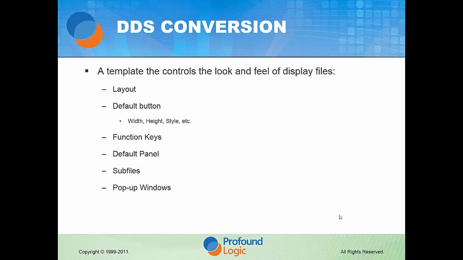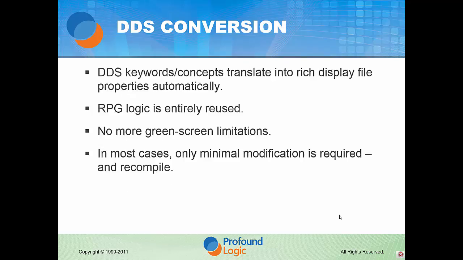You can control many of the components of the DDS conversion, like the layout, the default button style, the function keys, are they on the left, on the bottom, what color, what font style, what a subfile looks like. These are controlled with a template called a conversion theme that can be set up to suit. It may include your company colors, etc. Most of the DDS keywords translate into rich display file properties automatically.